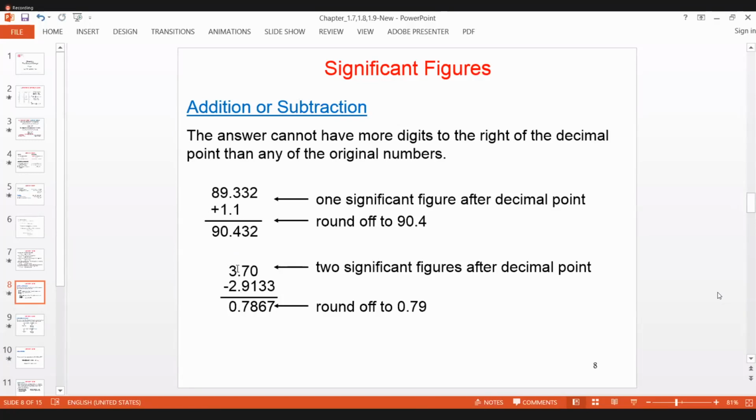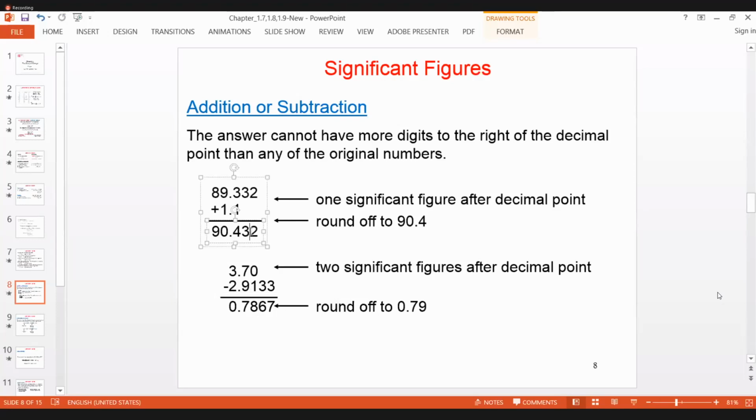Similarly here. Now here after decimal you have 2 places, and here after decimal you have 1, 2, 3, 4, 5. So you have to consider this 2. After decimal you should have 2 places in the answer. So now you have 1, 2, 3, 4 places, but you should have 2 places only. So the rest, the 6 and 7: the third one is greater than 5, so you have to add 1 to the previous digit, which is 8.